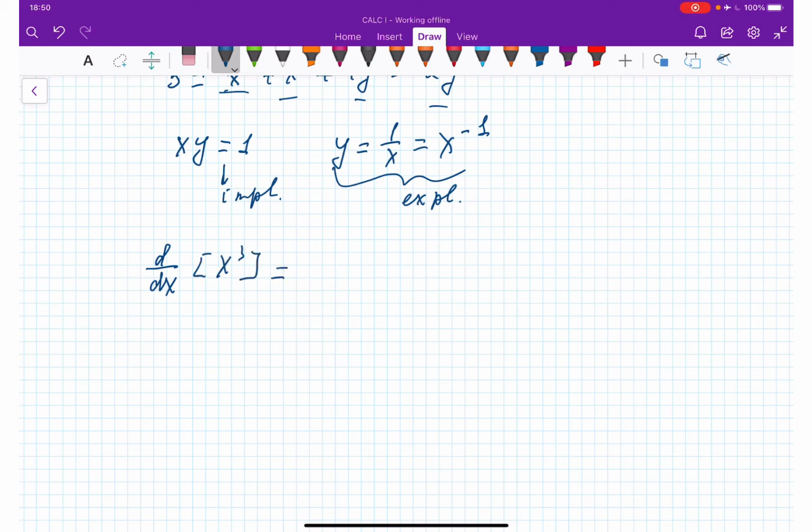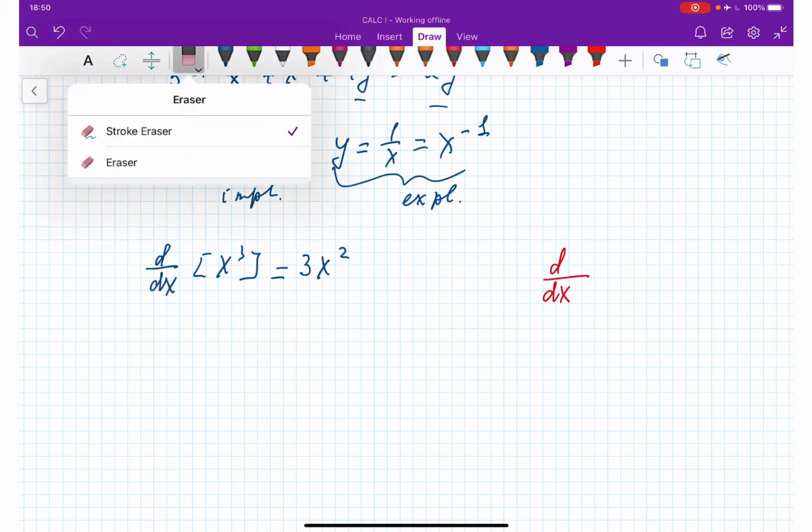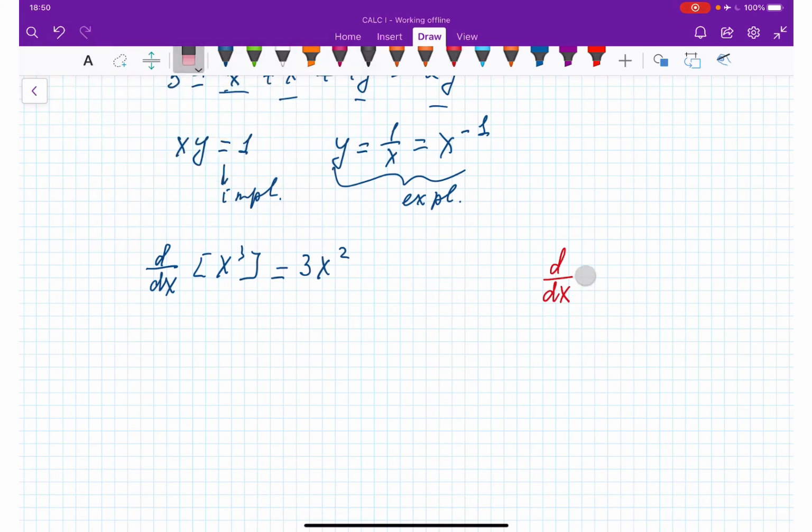It's going to be 3x squared, right? Based on the formula, the derivative d by dx of x to the power n is equal to n times x to the power n minus 1. Yes? Okay.